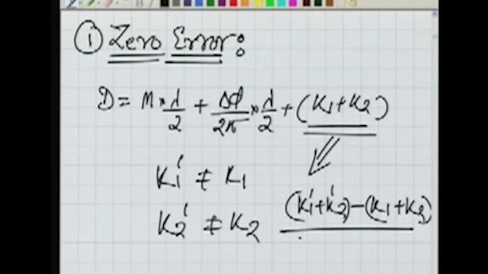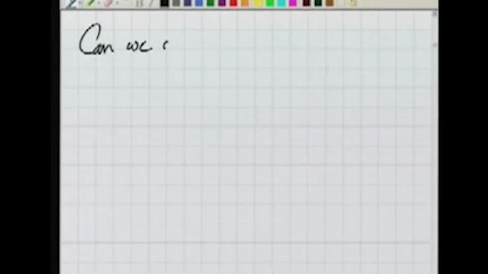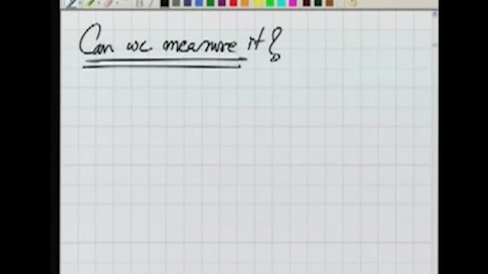That will result in a constant error always, whatever measurement we carry out, and this kind of error we say as the zero error. Now about this zero error, can we determine it? That's a question.